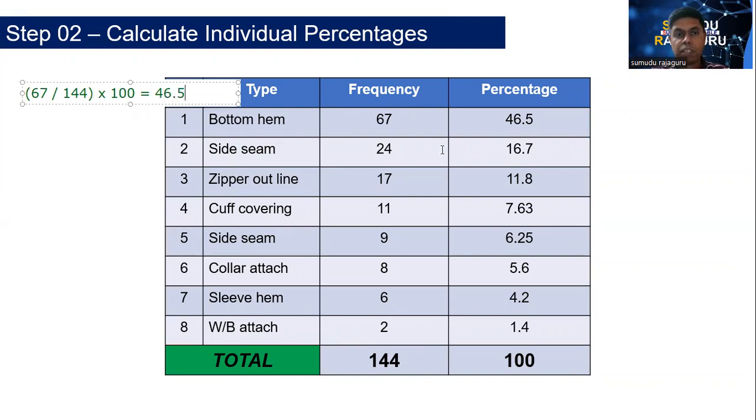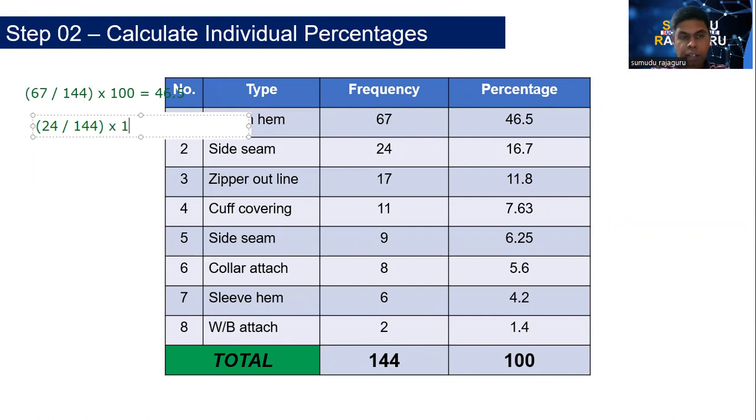Another example: when we consider the armhole issue, you can see 24 issues. So 24 divided by the total number of defects, 144, multiplied by 100, and the answer is 16.7.